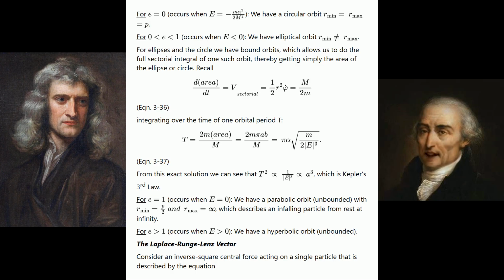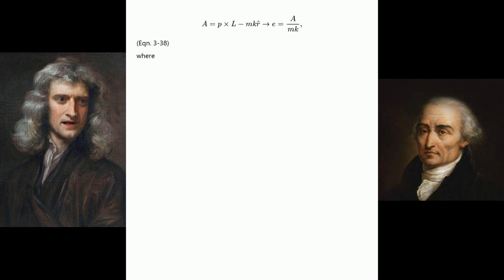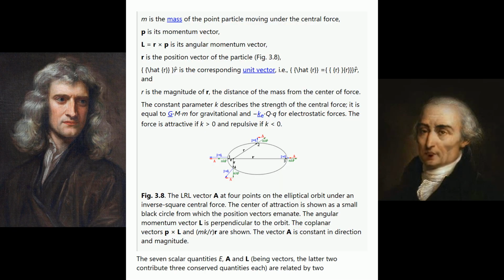The Laplace-Runge-Lenz vector. Consider an inverse square central force acting on a single particle that is described by the equation. See equation 3-38, where m is the mass of the point particle moving under the central force, p is its momentum vector, L equals r times p is its angular momentum vector, r is the position vector of the particle, figure 3.8, r-hat is the corresponding unit vector, i.e., r-hat equals r over r, and r is the magnitude of r, the distance of the mass from the center of force.